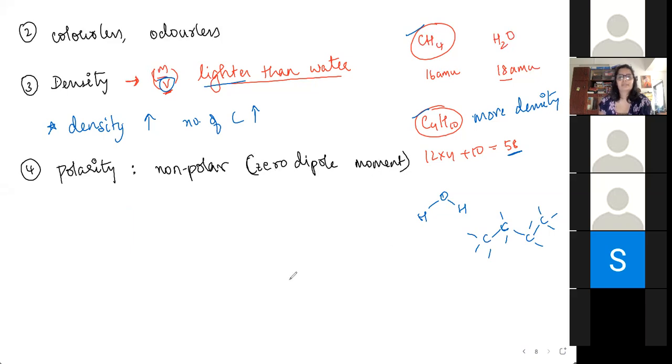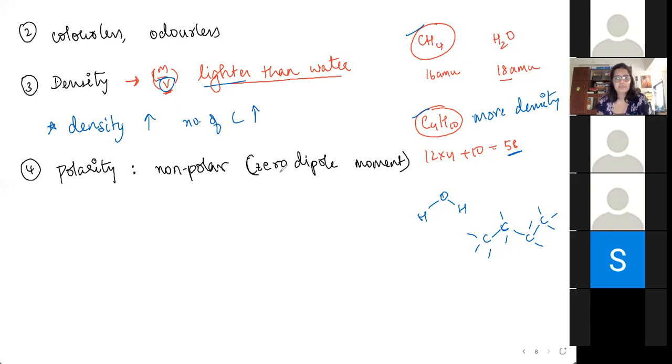So that is another reason why water has more density also. If they're all non-polar, the forces of attraction between each of these molecules are going to be lesser. So they won't be as tightly packed as the water molecules would be. So that's another angle you can look at.